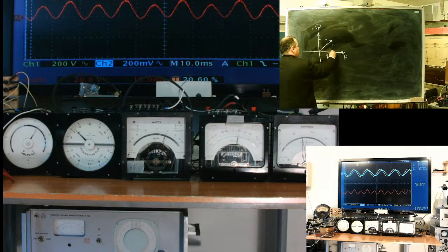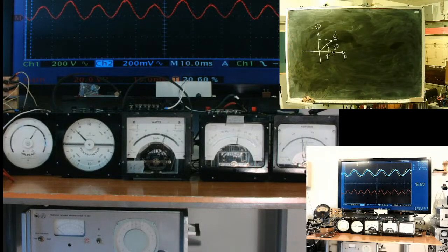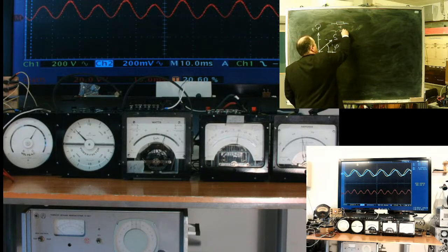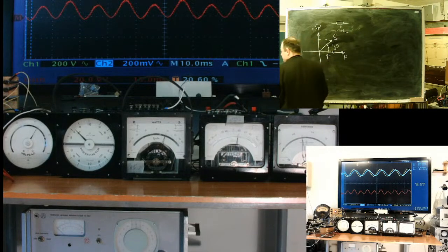This is active power plus reactive power, and this is the phase shift angle, plus P plus Q. It's equivalent to active load plus inductance.